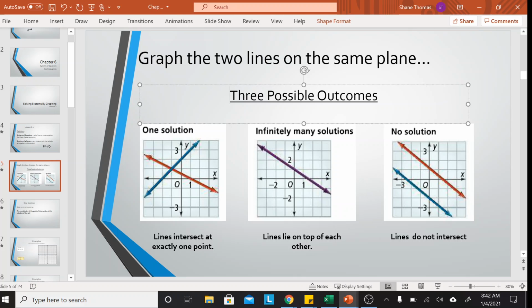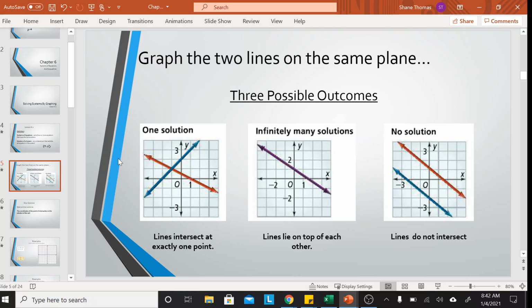Now, when you graph 2 lines on the same plane, you have 3 possible outcomes. 1, they cross. 2, they lay on top of each other. Or 3, they don't touch. Okay? That's your 3 possible things that could happen. If they cross, they intersect at 1 point and only 1 point.